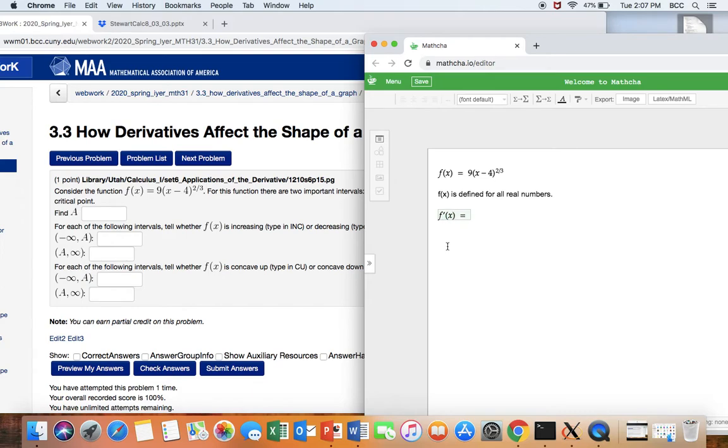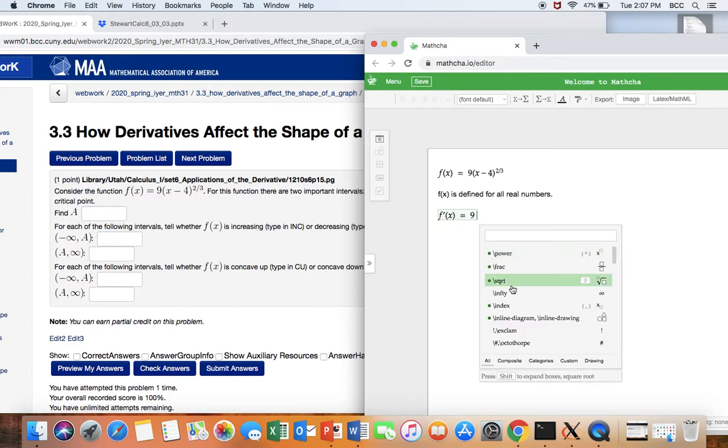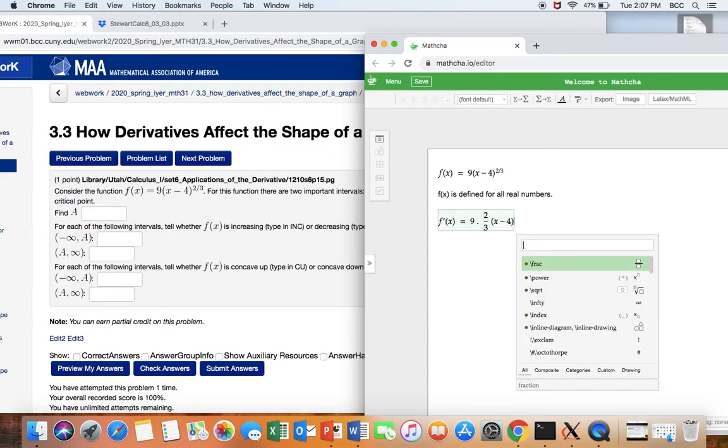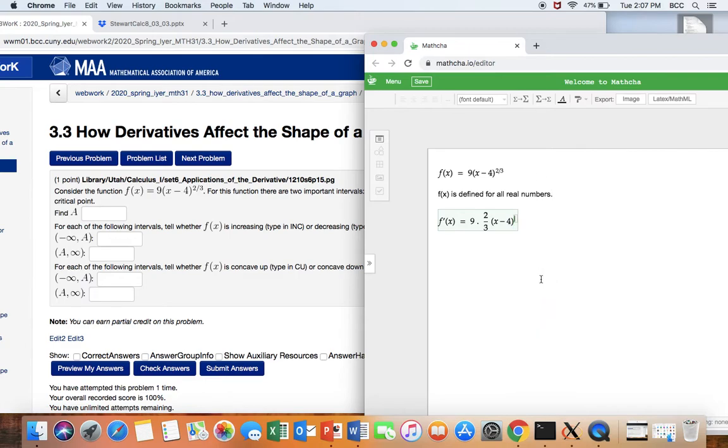f prime of x equals 9 times that 2/3 comes down. So this is 9 times 2/3, and then I need to reduce the power. So it will be 2/3 minus 1.